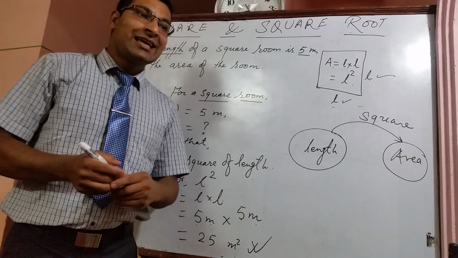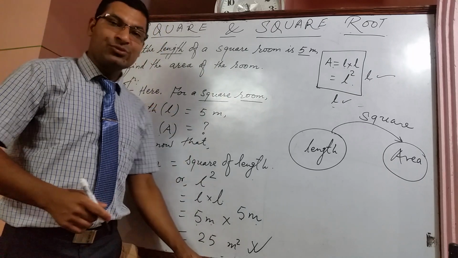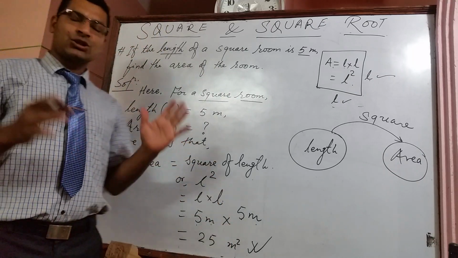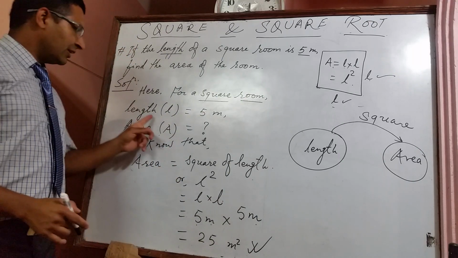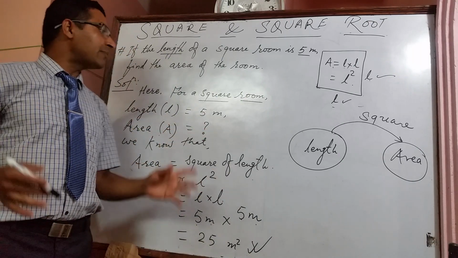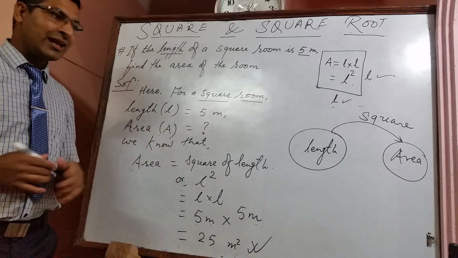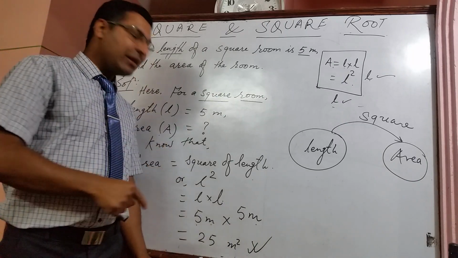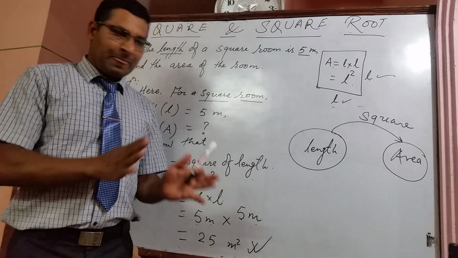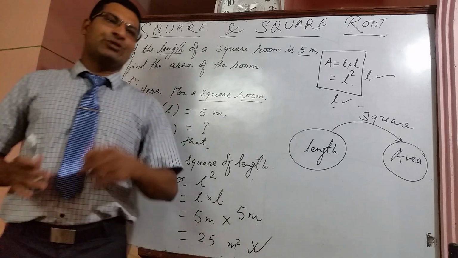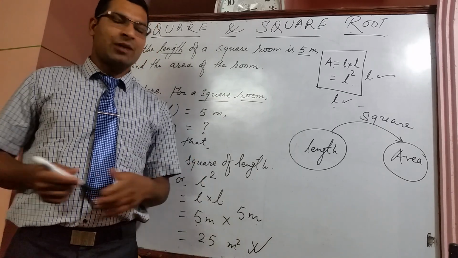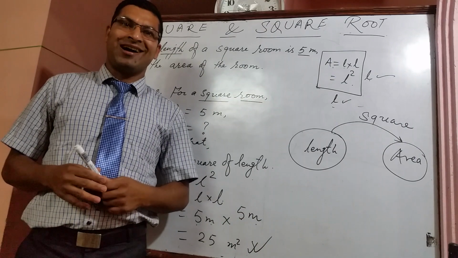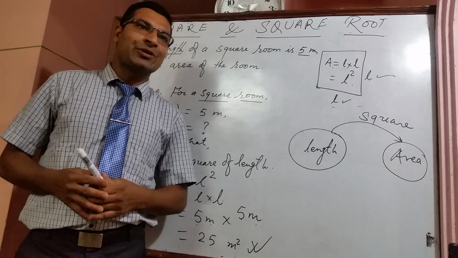So like this, if we have to find the area of a room, especially a square room, we can use this formula and the concept of finding the square. And you see, it is very useful while carpeting. If we go to buy a carpet for our room, the shopkeeper will ask us, how much carpet do you need?